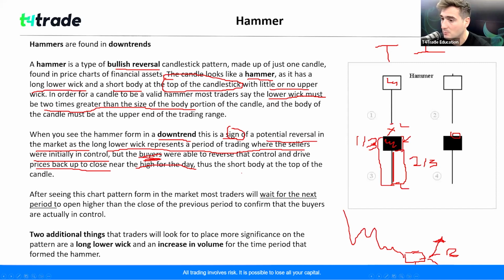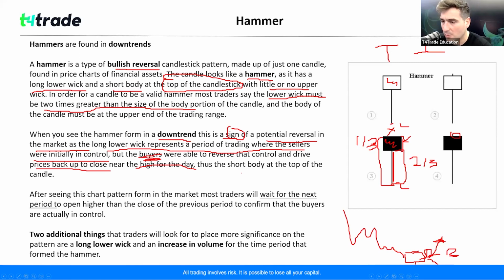It can happen. So why not wait for the next candle, or the next two, to get the confirmation, and then enter the market with much more confidence? Obviously, you're going to leave a little bit more money on the table, but you're going to be much more confident that you're going to make money on the upside, and that it was an actual pivot point, an actual reversal. So it's highly suggested.